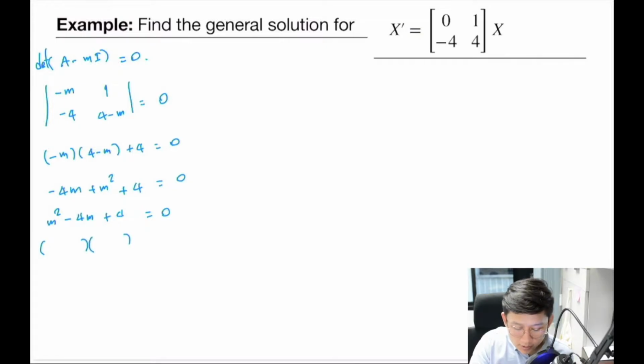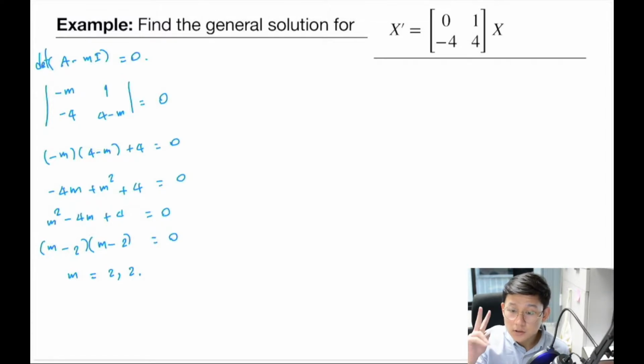So I factorize it and I get (m minus 2) squared. So I have that m is 2 and 2. It means that m is repeated 2 times. So m1 is 2, m2 is 2.